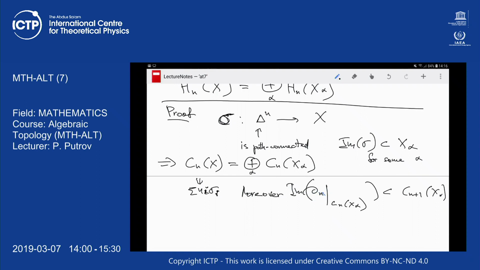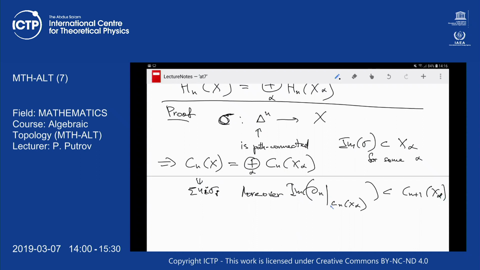When we consider the boundary homomorphism acting on sigma, we take a linear combination, whose coefficients are plus or minus signs, of restrictions of sigma on faces of delta. But if delta maps to a particular X alpha, of course its faces will map to the same X alpha.